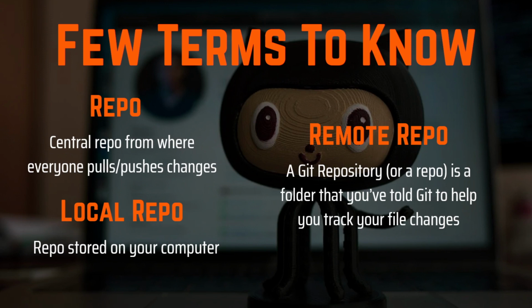Local repository is the copy, let's say, that we have in our local environment, in your computer actually, and that we can work on. And the remote repository is basically the source of the truth, let's say.